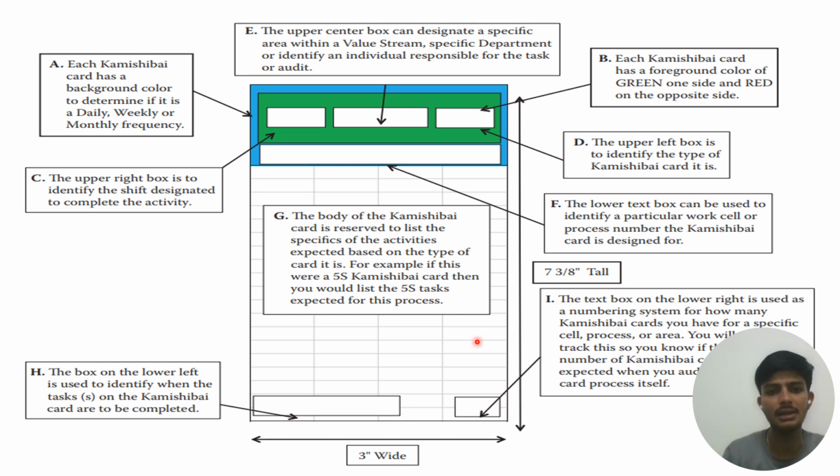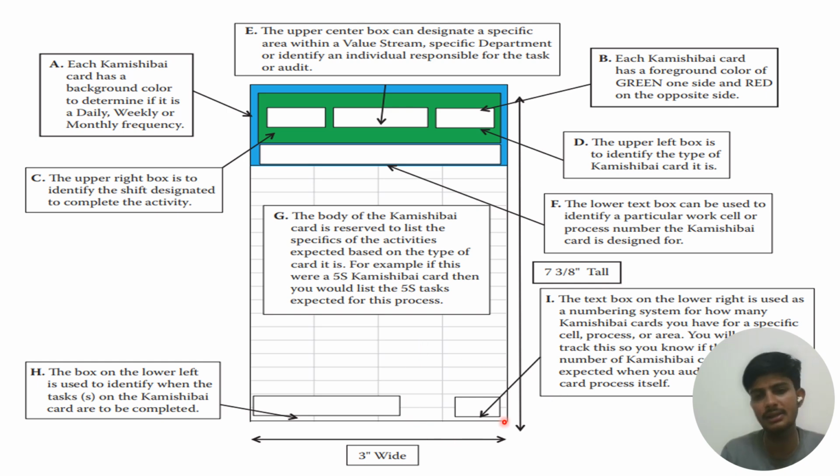The lower left section is used to identify at what time the tasks have to be completed: at the start of the shift, within the shift, or at the end of the shift. At what time we have to do this task or perform this audit or inspection.